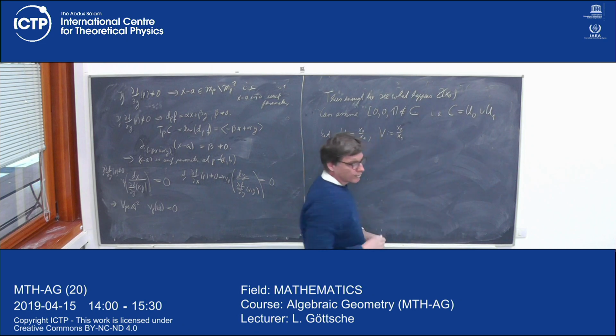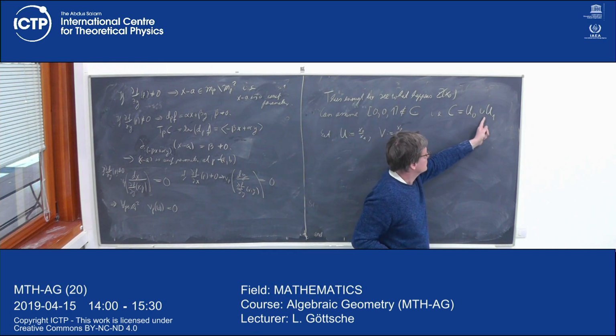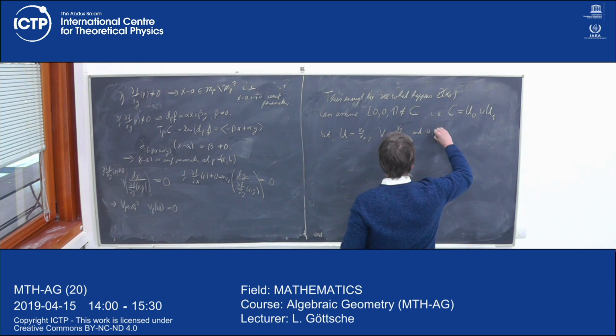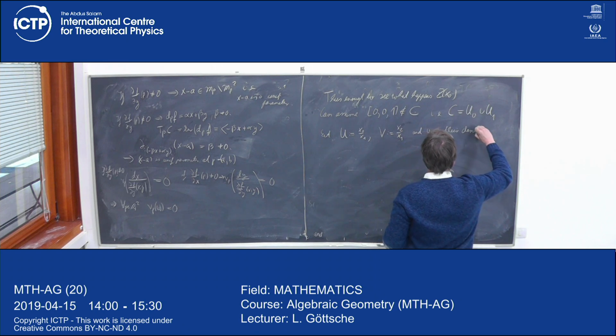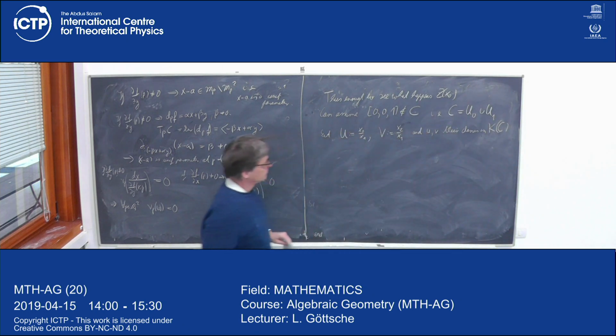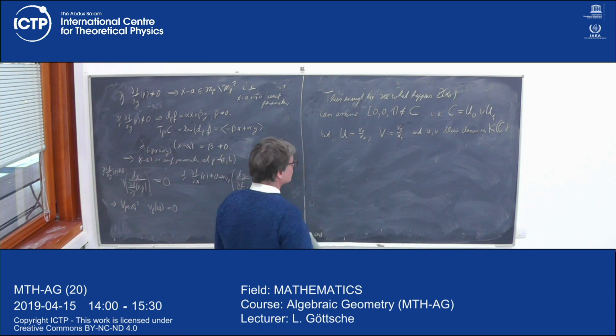They are just the coordinates that make this U1 into A2. So u and v, their classes in the function field of C. And then we do the same thing.